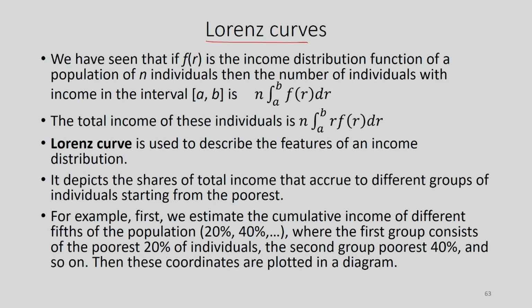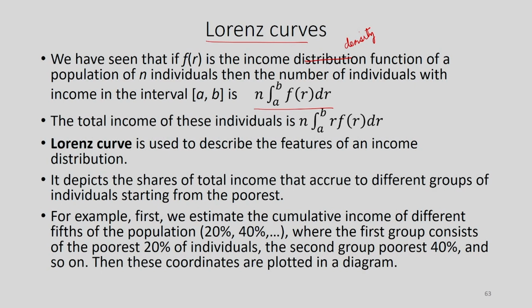We have seen that if f(r) is the income density function of a population of n individuals, then the number of individuals with income in the interval A to B is given by n multiplied by the integration of f(r) dr, with limits A and B. So, this is the total number of people in that country who have incomes between these two limits A and B.